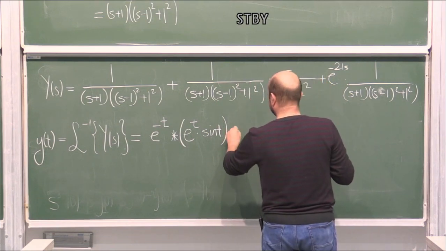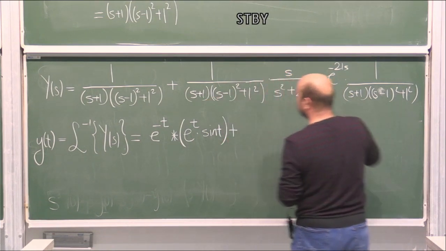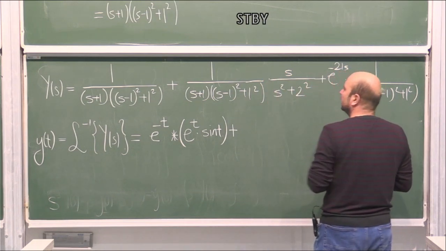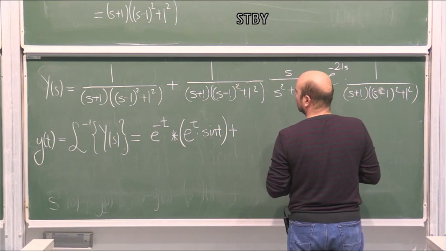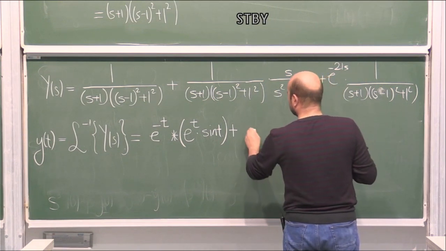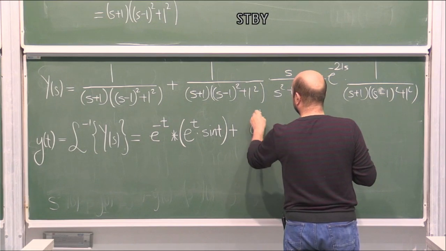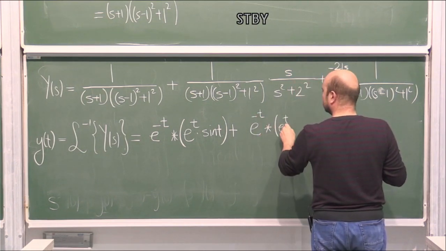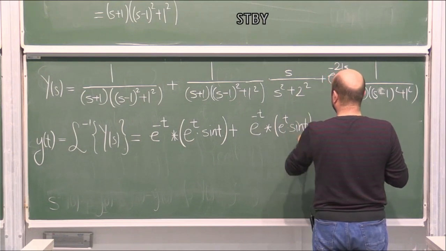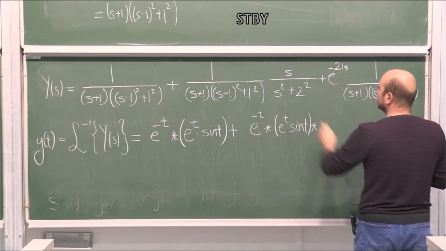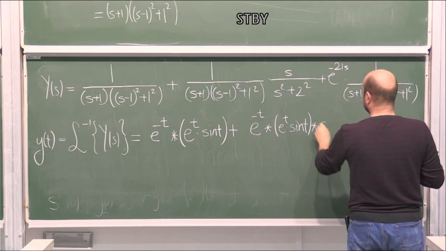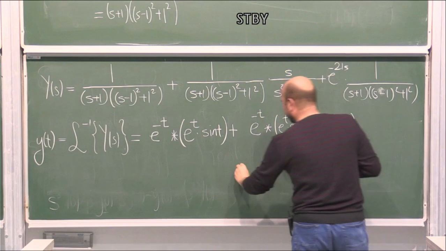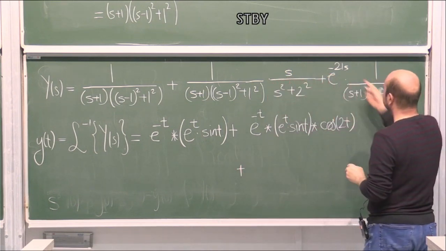Then now we can continue. This time I will have the same copy, but there will be three terms. So we will have e to the negative t convolution e to the t sine t convolution cosine 2t, plus, now the final one, you can just take it back.